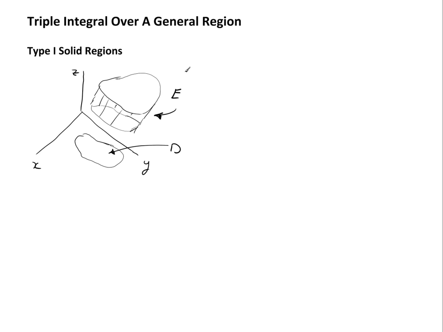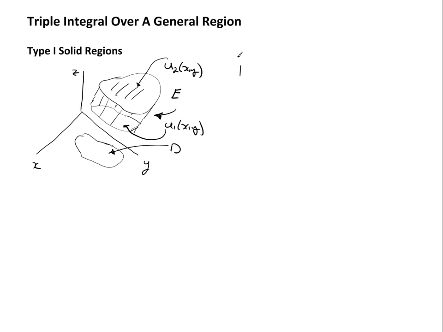Now I'm going to define this as having an upper bound of, say, U2 of xy. That's what I'm going to think of as this surface up here. And then U1 of xy, which I'm going to think of as this bottom surface.